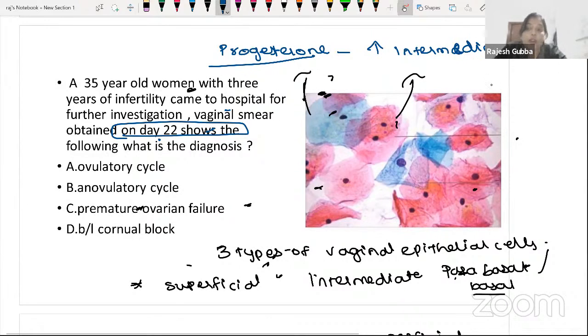So you should see more of the blue colored cells. But here you're seeing more of pink colored cells. So what is predominant here? On day 22 also they're having predominance of estrogen, so they have more of the pink or superficial cells.